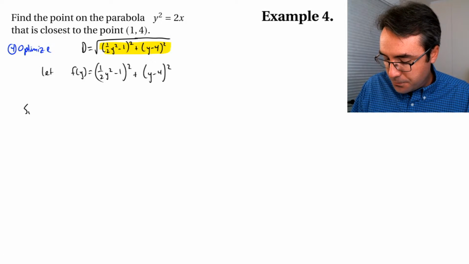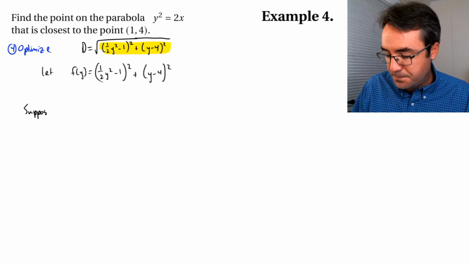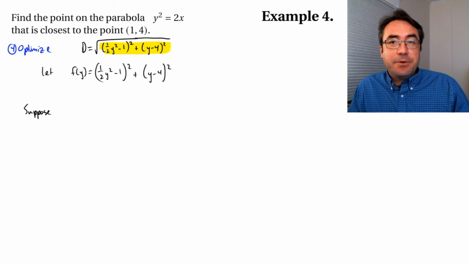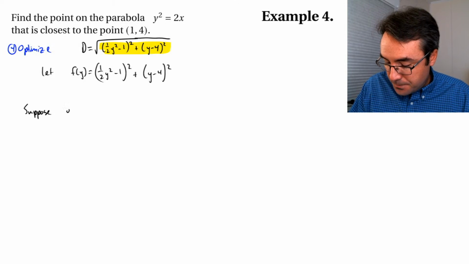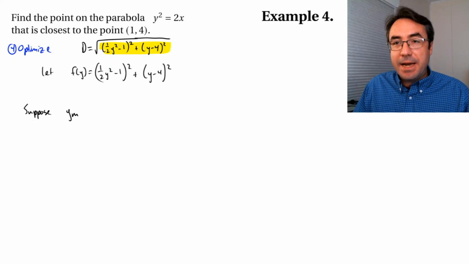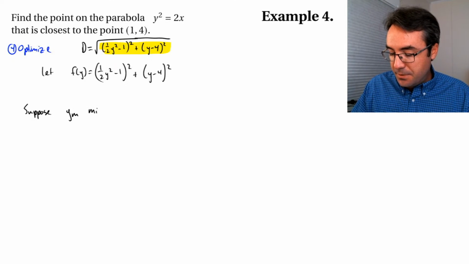So let's suppose we go through the optimization process and we figure out the y value, we'll call it ym, that minimizes this revised function.